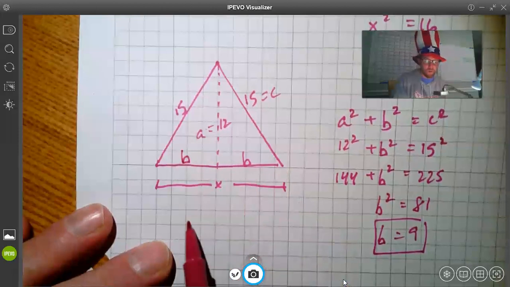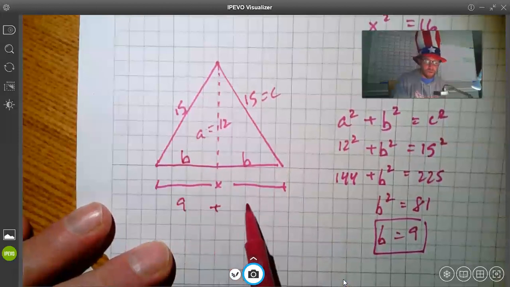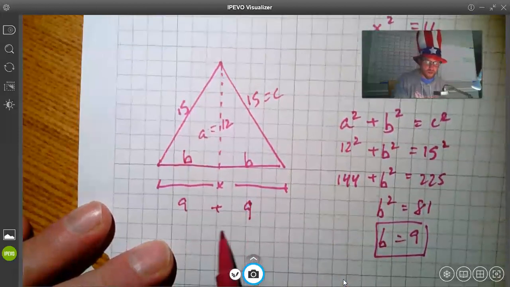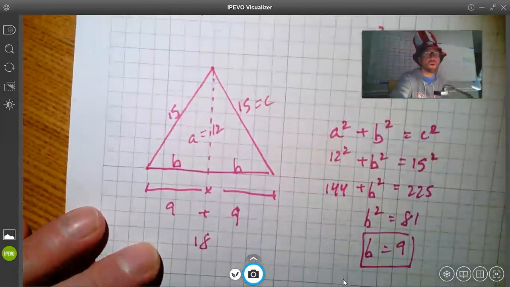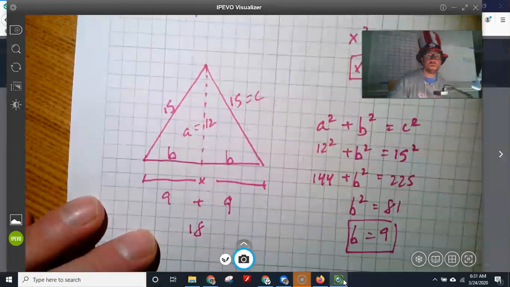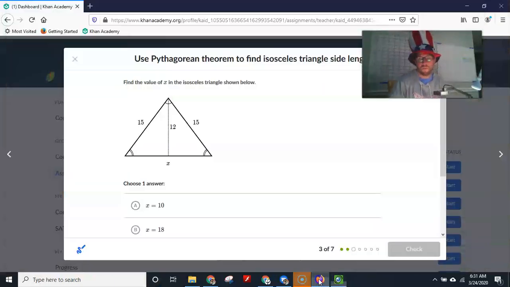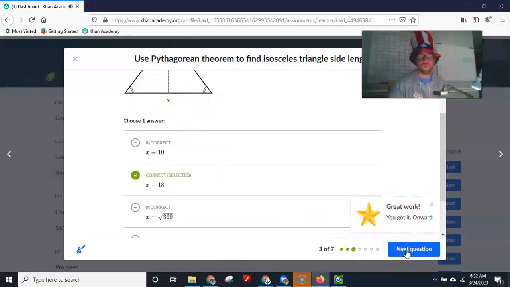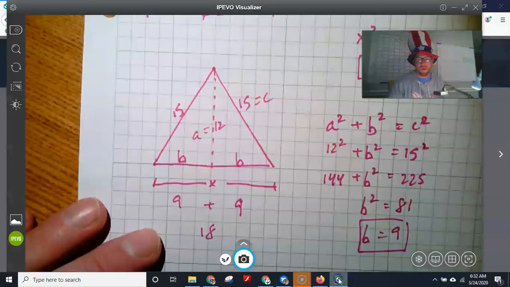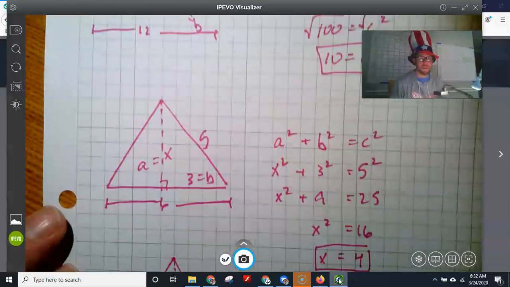So there's another b over here, and all together we have 9 plus 9, it's 18 units all the way across. So let's go take a look. Nope, see, look, they give 9 as an option. They're trying to trick us, don't fall for it. 18 is the correct answer, because 9 is just halfway across. We want the entire length all the way across. Bingo.